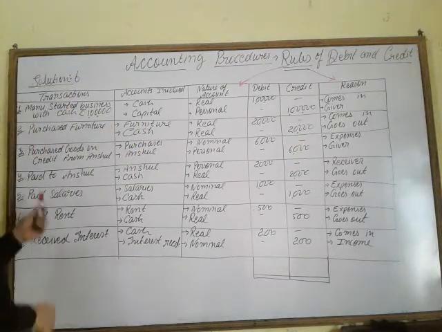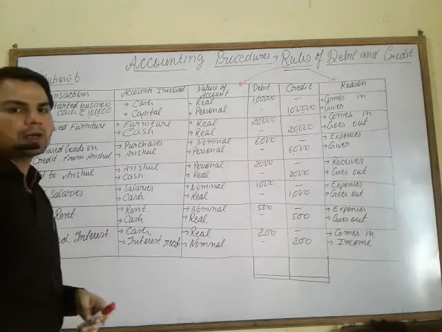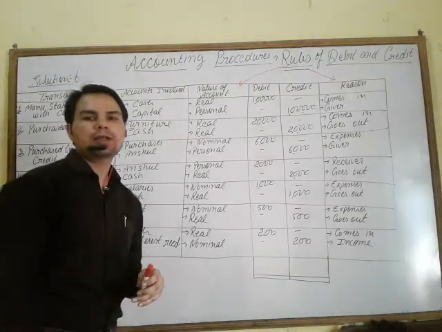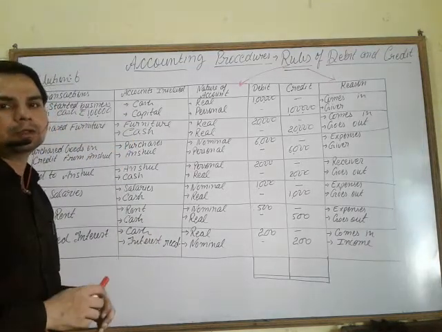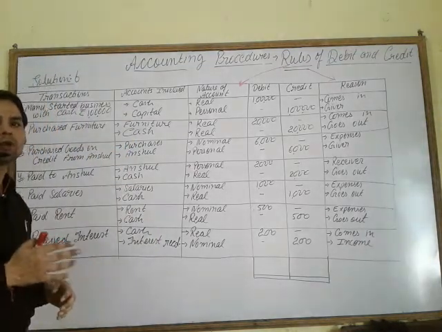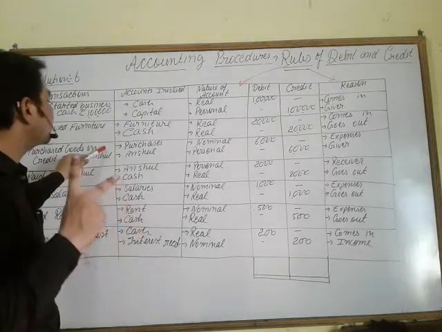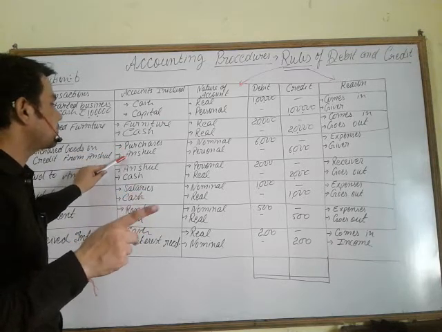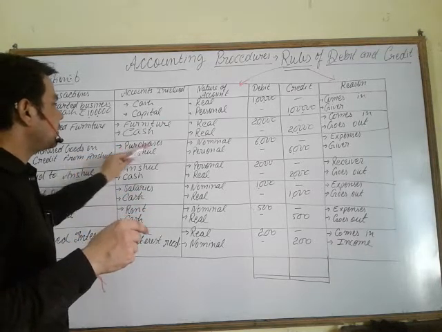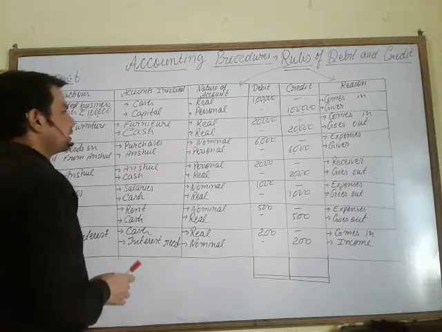Next transaction, purchase goods on credit from Anshul. We have purchased the goods. When we purchase goods, goods account is not opened. We open the purchases account. So this transaction involves two accounts, that is purchase account and Anshul's account. Purchase account is a nominal account and Anshul is a personal account.